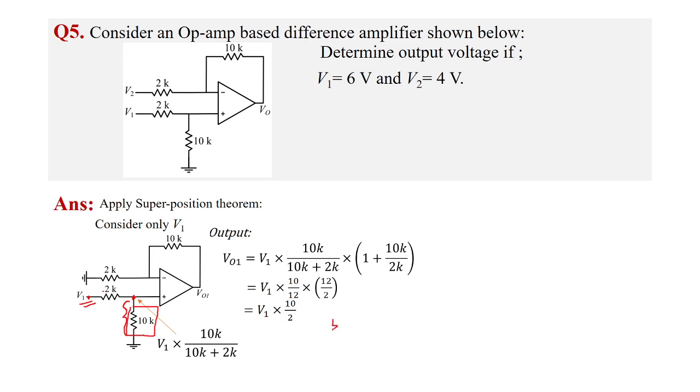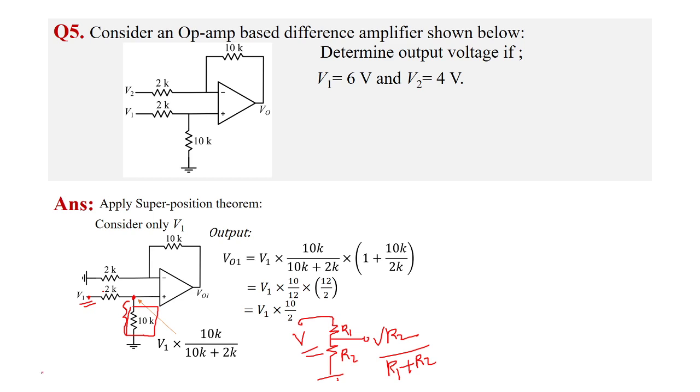Like if I have a potential divider R1, R2, and I have connected some voltage V. What is the voltage at R2? That will be equal to V into R2 by R1 plus R2.